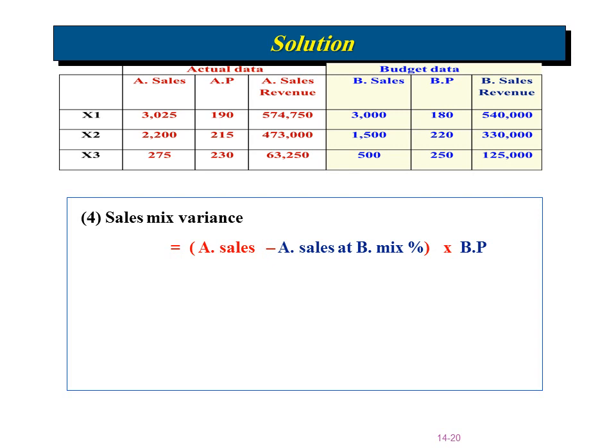Okay, the sales mix variance is the difference between actual sales units minus actual sales using budgeted mix percentage, times budgeted price. Here in my table, I have actual sales units and I have budgeted price, but my problem is how to calculate actual sales using budgeted mix percentage.